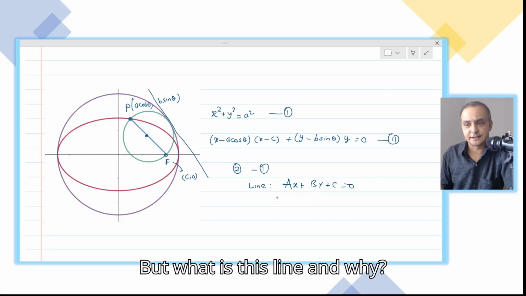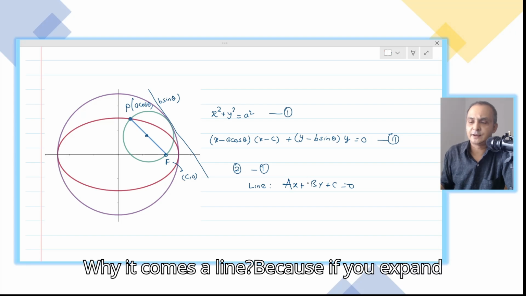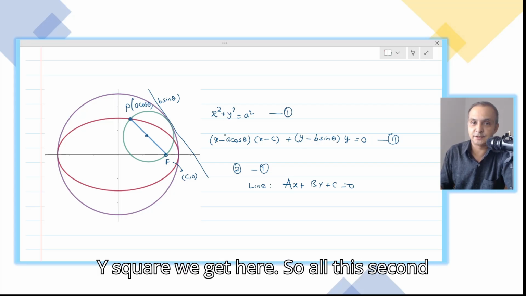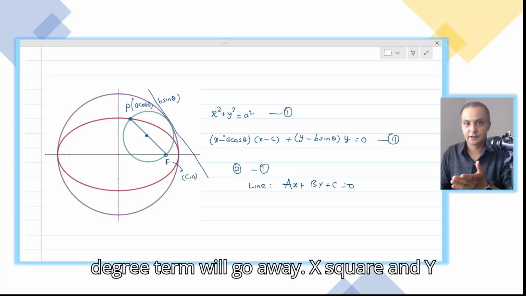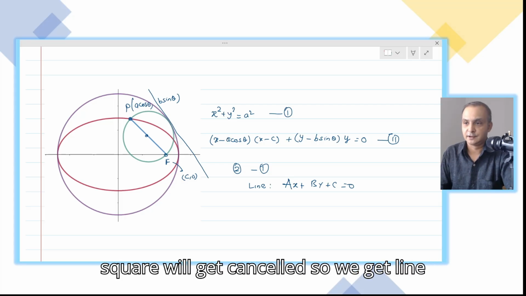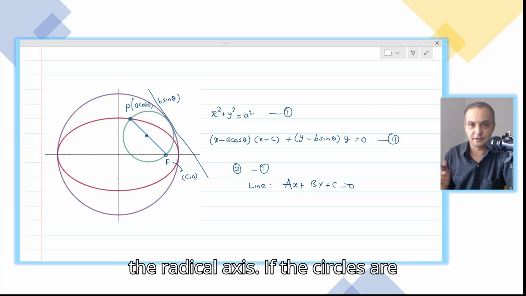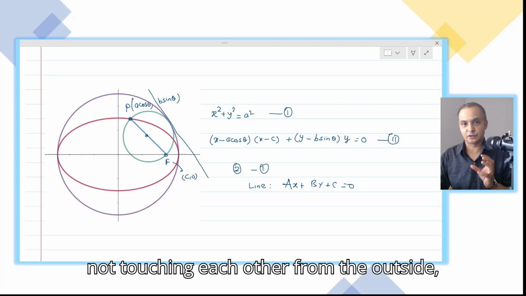But what is this line? And why does it come as a line? Because if you expand this, of course, x square we get here and y squared we get here, so all this second degree term will go away. X square and y square will get cancelled. So we get a line in this form. This line may represent the radical axis if the circles are not touching each other from the outside.